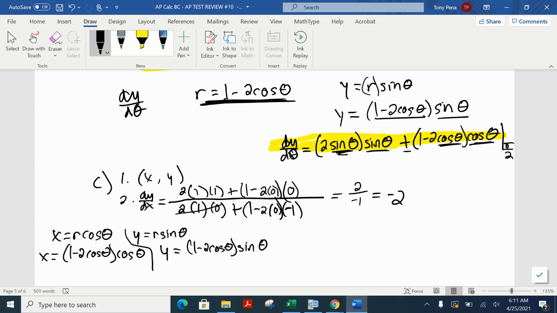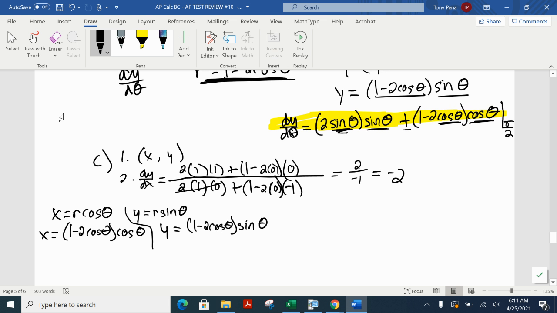And then we just now need to plug in pi over 2. So if I know x at pi over 2, again, cosine of pi over 2 is a 0. So we find that our x coordinate is 0, so that's always nice.